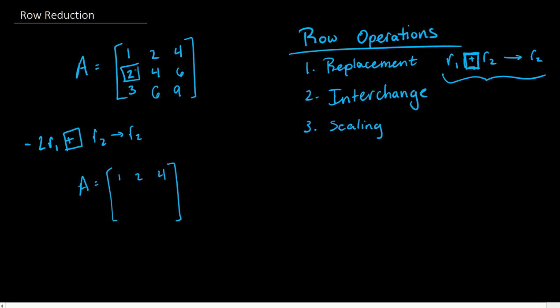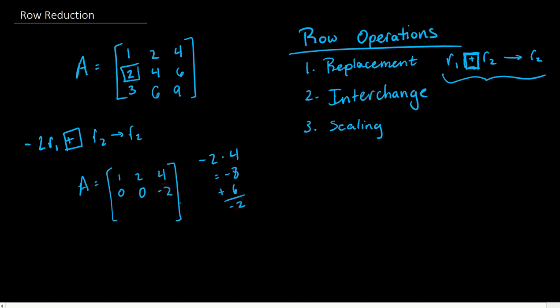So we know -2 times 1 is -2, plus 2 is 0. -2 times 2 is -4, plus 4 is 0. -2 times 4 plus 6 is -2, because -2 times 4 is -8, plus 6 is equal to -2, right?